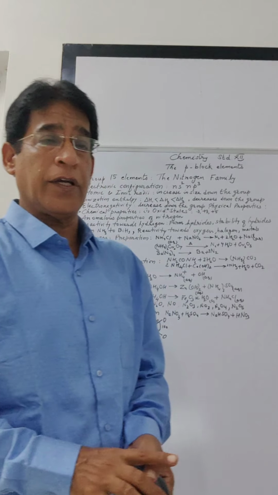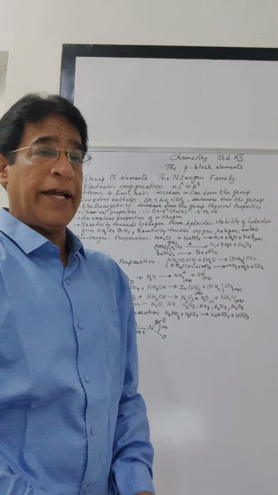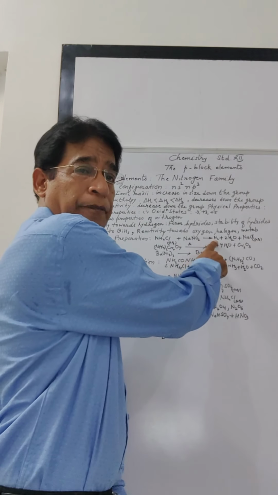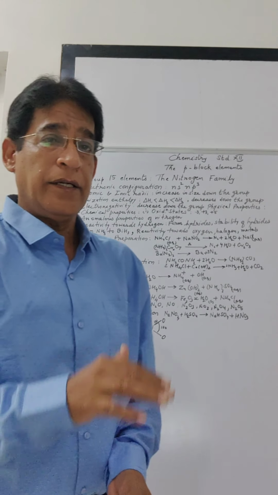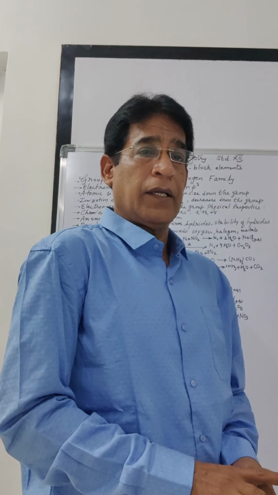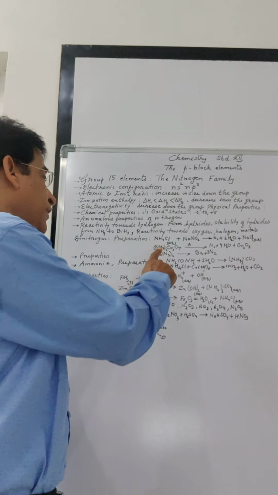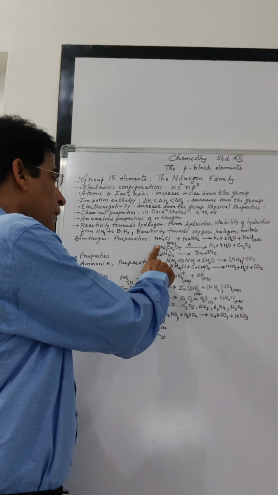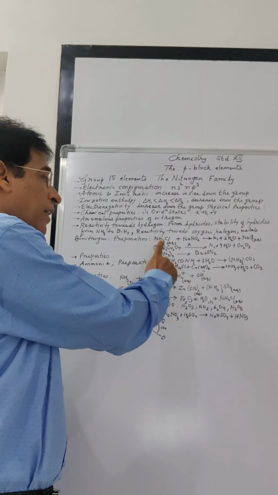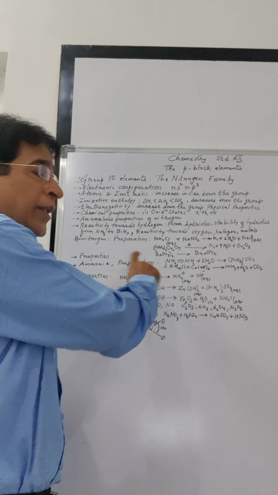By heating a mixture of NH4Cl and NaNO2, N2 is collected by the downward displacement of water. The second reaction of preparation of dinitrogen is given here, and the third reaction is also given here.